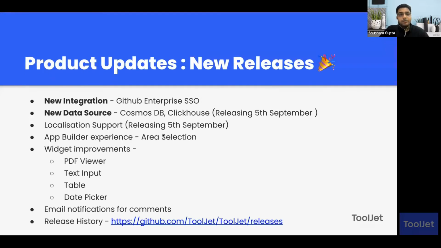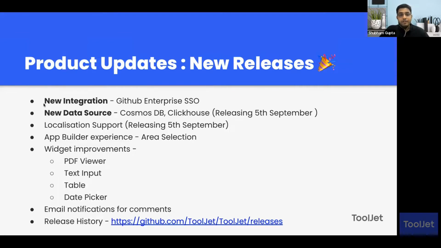So let's get into it. We will talk about the new releases. We made one of the releases around 2 weeks back, and that is the latest release of ToolJet. There we have released some cool features, and there is one pending release which will happen this Monday, which is also developed by the hard work of our internal engineers and community members in the last 15-20 days, right?